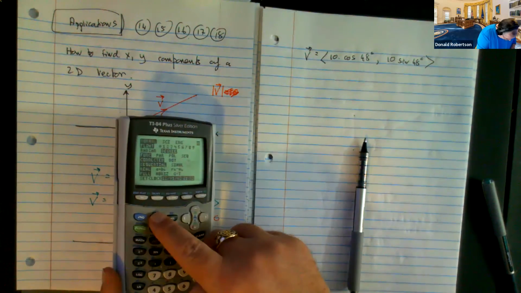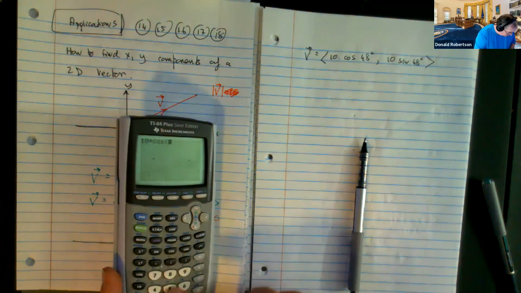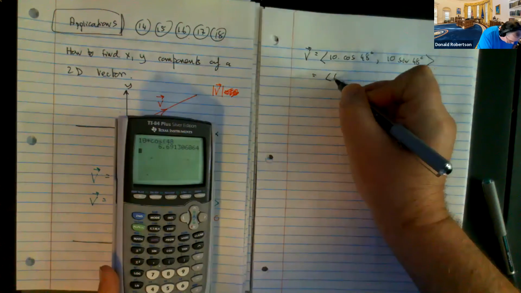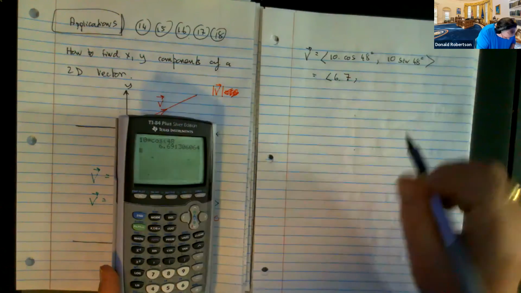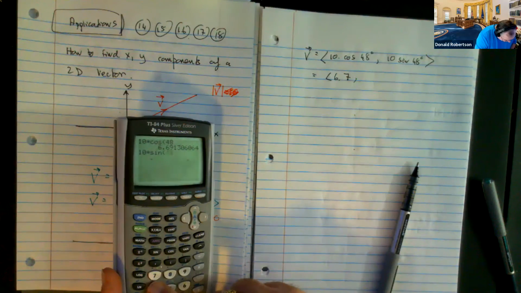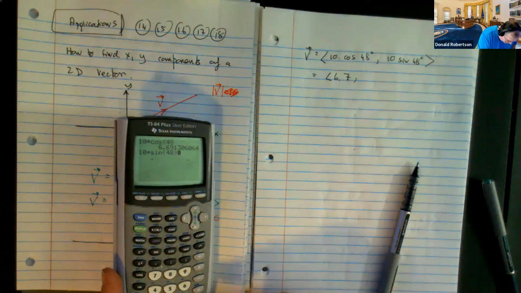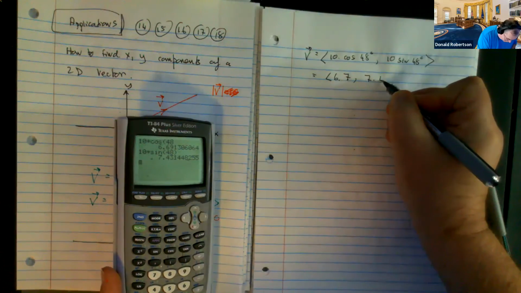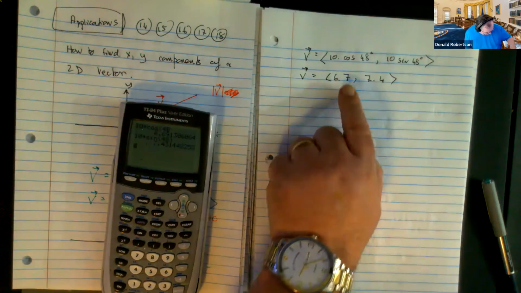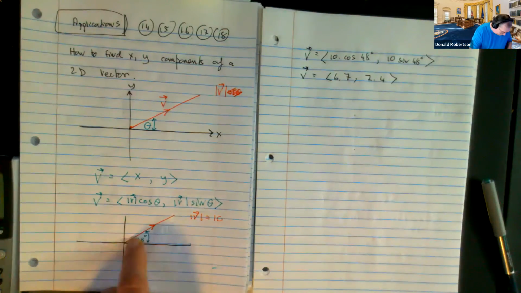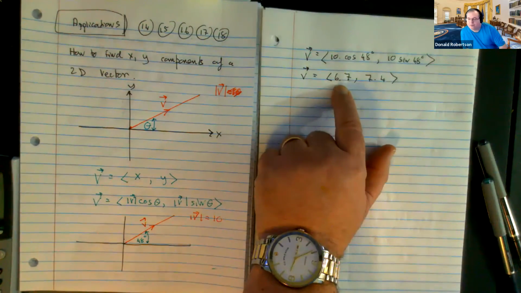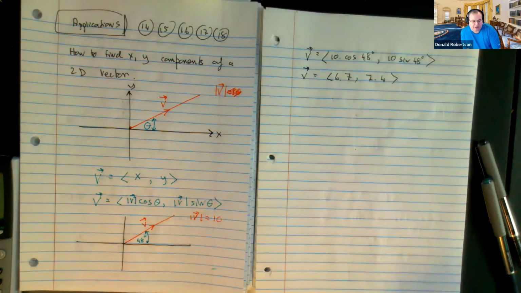And so 10 times the cosine of 48 gets me 6.7 to 1 decimal place, and 10 times the sine of 48 gets me 7.4. So to 1 decimal place, this vector here, this red one, is 6.7 along and 7.4 up. So that's how we would get the components of that.